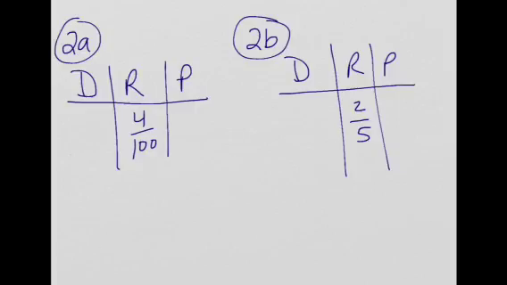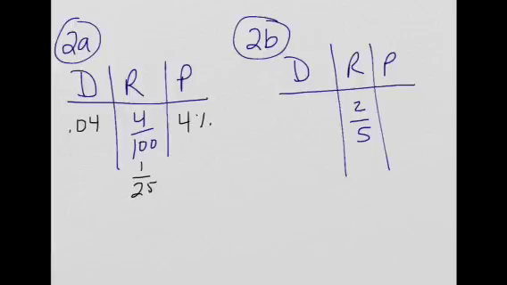All right, DRP chart. Now we're starting with our ratio. So the ratio simplified would be 2/50ths, which would be 1/25. So our decimal is going to be 0.04. And then we're going to move our decimal 2 places to the right to make the percent, so it'll be 4%.